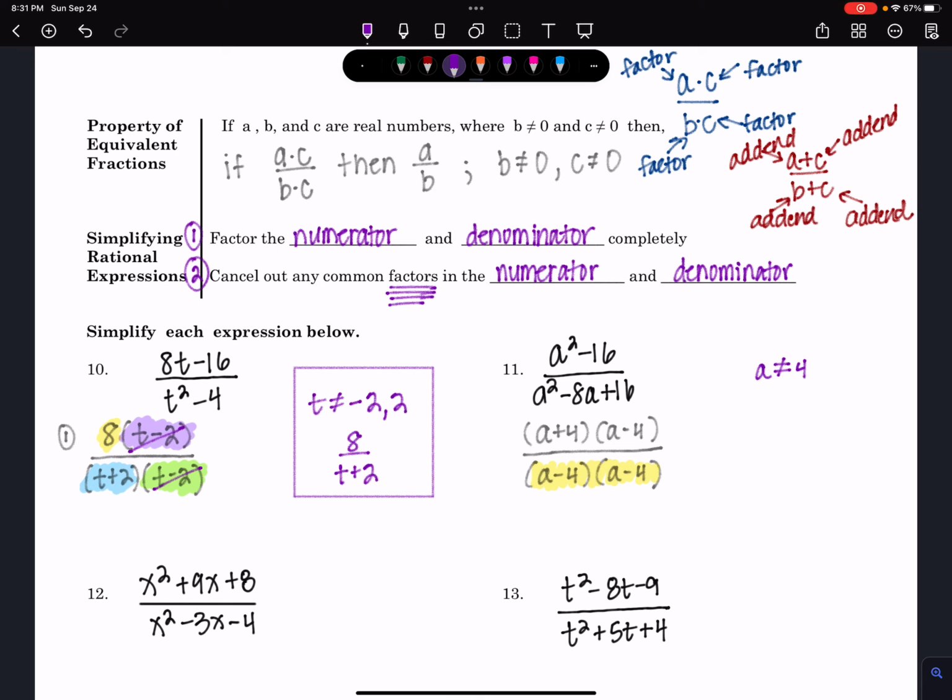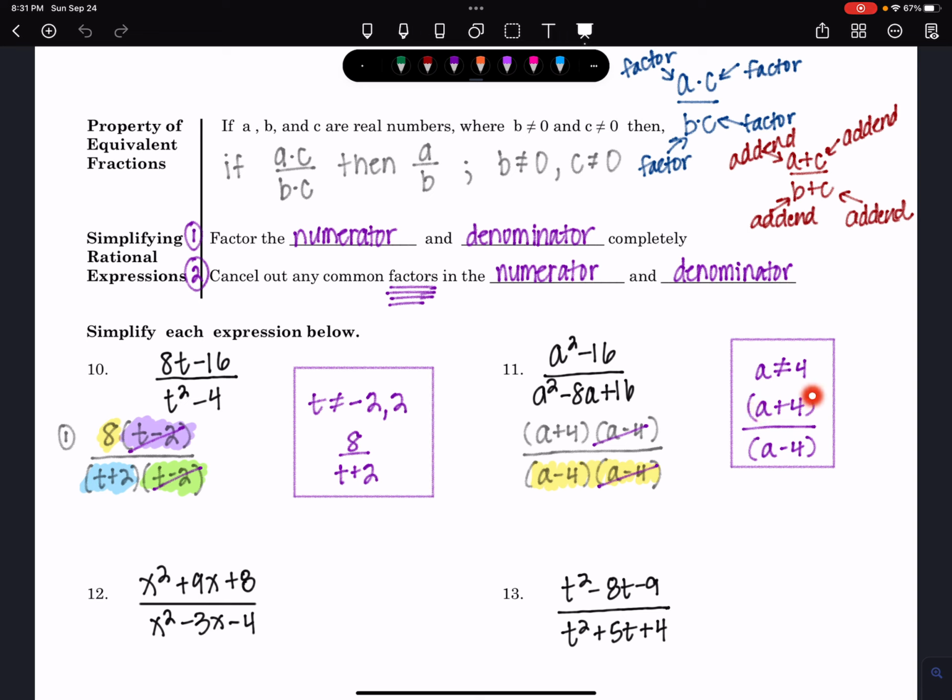Now I'm going to cancel out common factors in the numerator and the denominator. And that's going to leave us a plus 4 over a minus 4. Now notice how I put the a plus 4 and the a minus 4 in parentheses. That's because I cannot cancel out the a's, because those are addends.